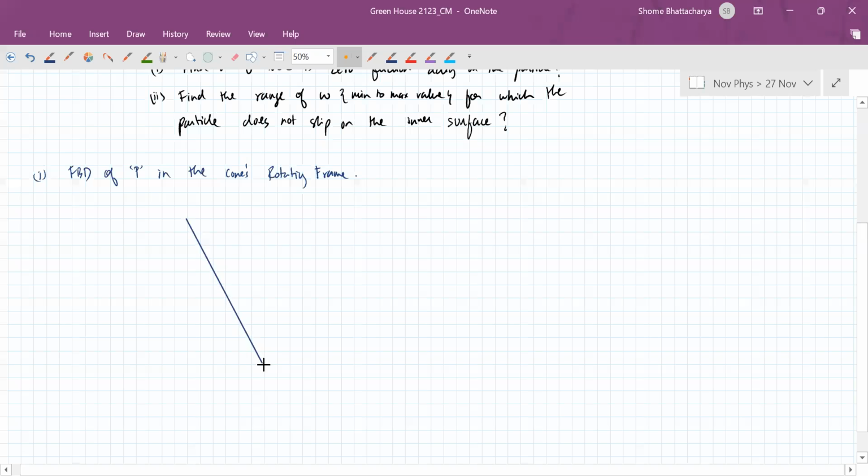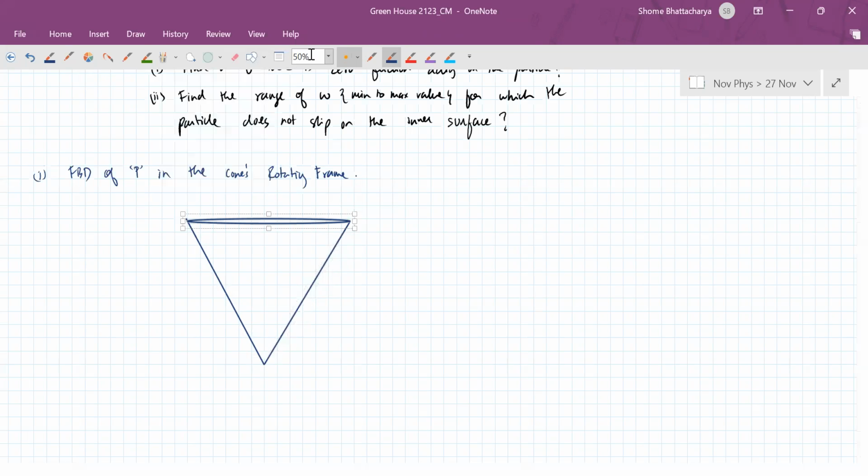So what is the direction of the centrifugal force? Radially outwards from the axis. So will it be horizontal, vertical? What type of force it will be? Horizontal. Yes, horizontal. Okay. And what about its magnitude? Omega is unknown, but it will be in terms of m omega square r, right?